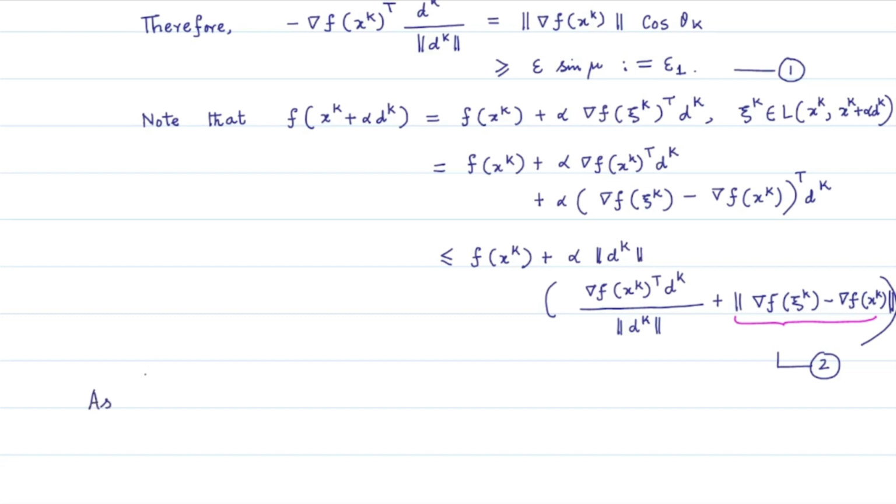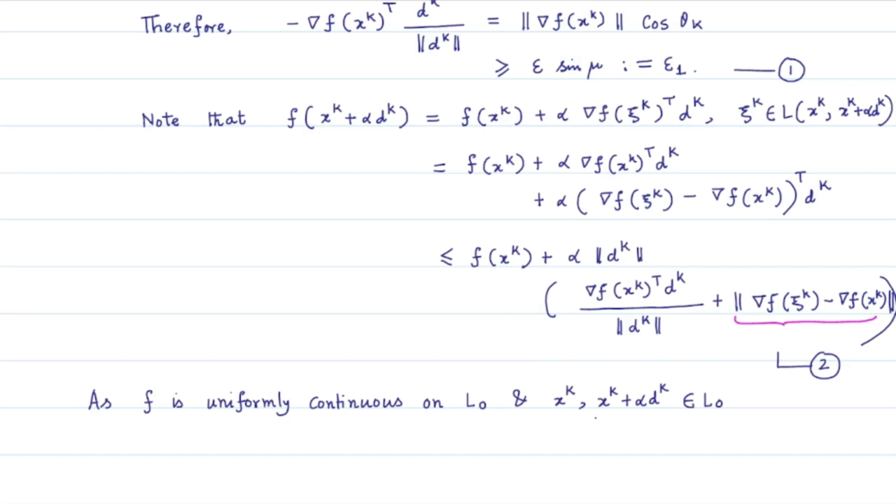So as grad f is uniformly continuous on the convex set L naught, and the points xk together with xk plus alpha dk belong to L naught.